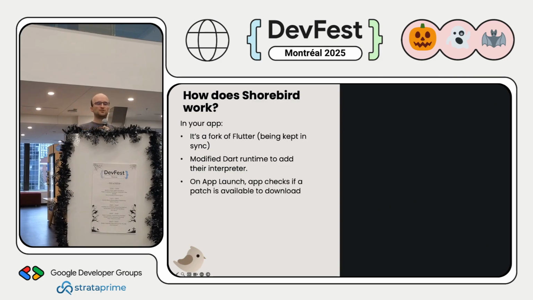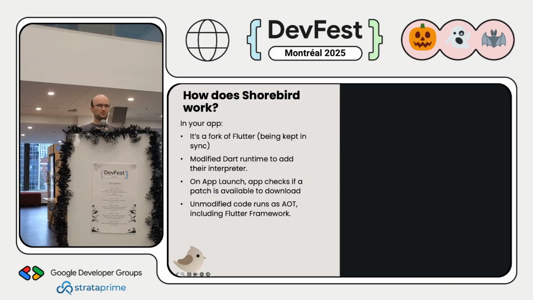At app launch, it will check the Shorebird server to see if there's a patch to download. If there's a patch, it will download it, and on your next launch, it will execute with that patch.